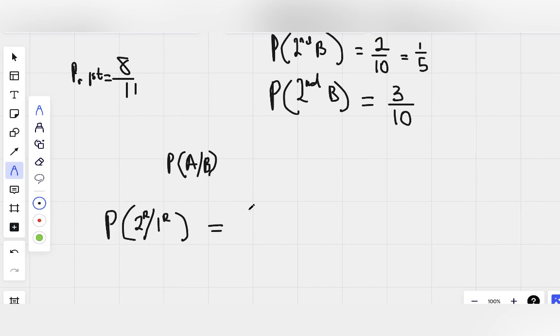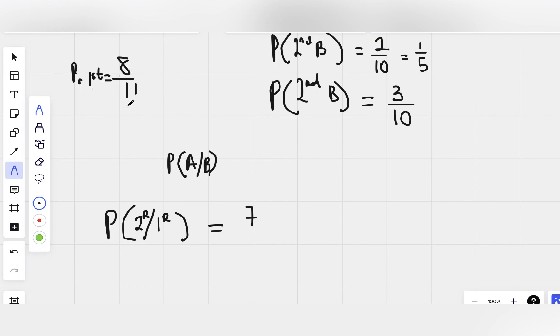So the probability of the second one being red will be 7 over 10. The probability of the first red counter picked is 8 over 11.